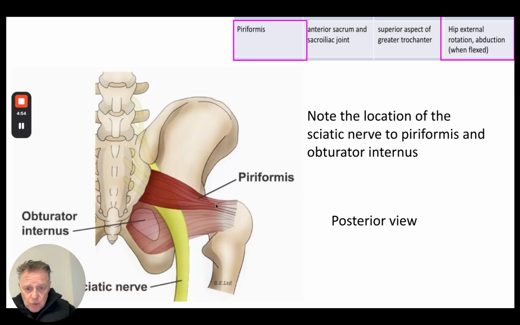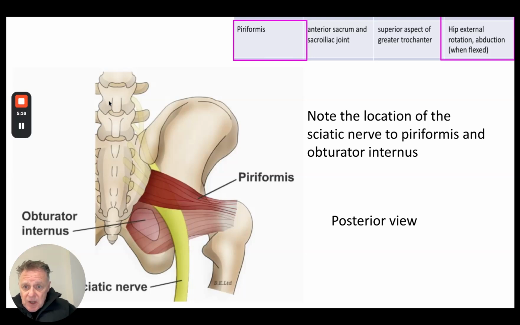If the piriformis becomes overly constricted or tight, then it can push on the sciatic nerve against the obturator internus muscle and create symptomatology not dissimilar to a disc prolapse in the low back.